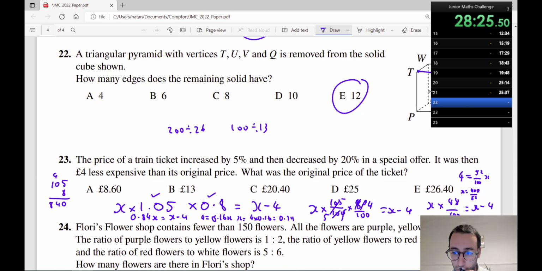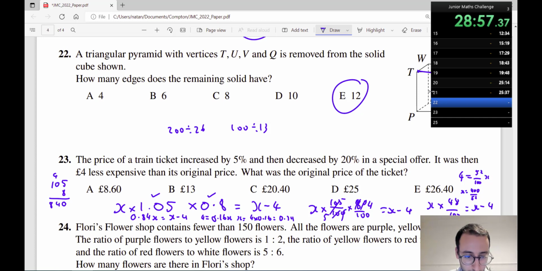It was then £4 less expensive than its original price. £4 cheaper. Yeah. What have I done wrong here? Did I do this wrong? 1.05 times 0.8. 80% of 1.05. 10%. Oh my god. What is happening?